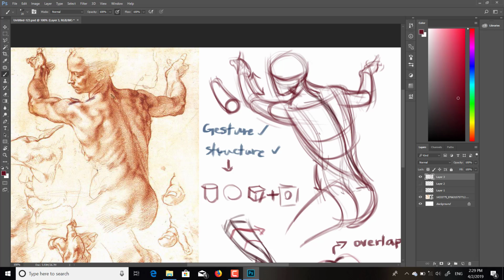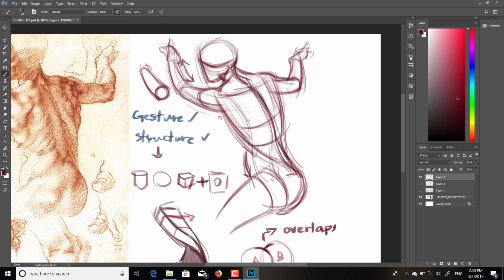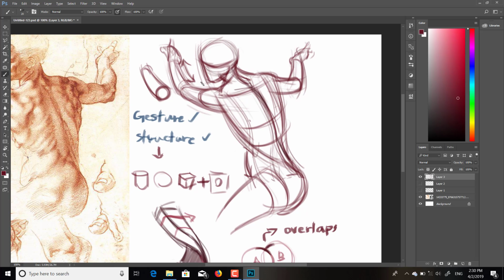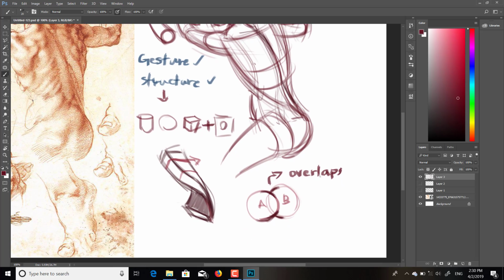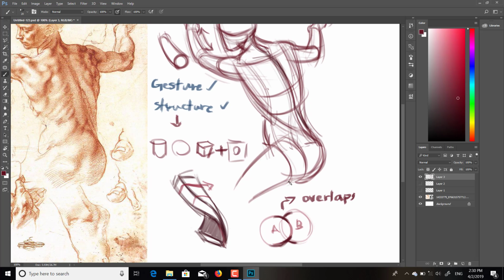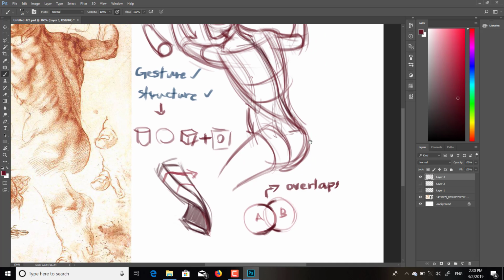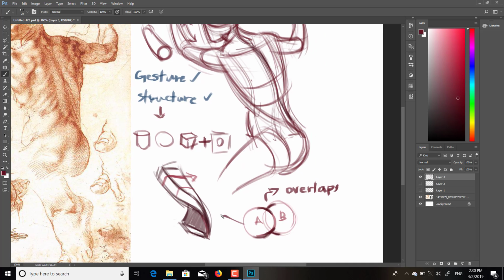We have overlap here, here. Everywhere that we have this situation, better to say. And to show that the body is twisted, you can use it as well. It's really a helpful tool for you.